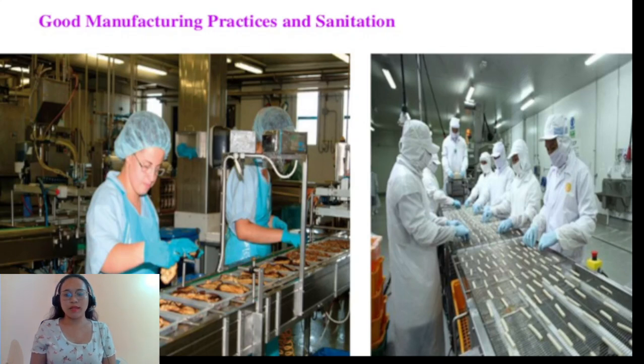But in the second picture, they wear protective clothes from head to toe. They have a cap, masks, gloves, and a lab gown. This is really good manufacturing practice and sanitation.